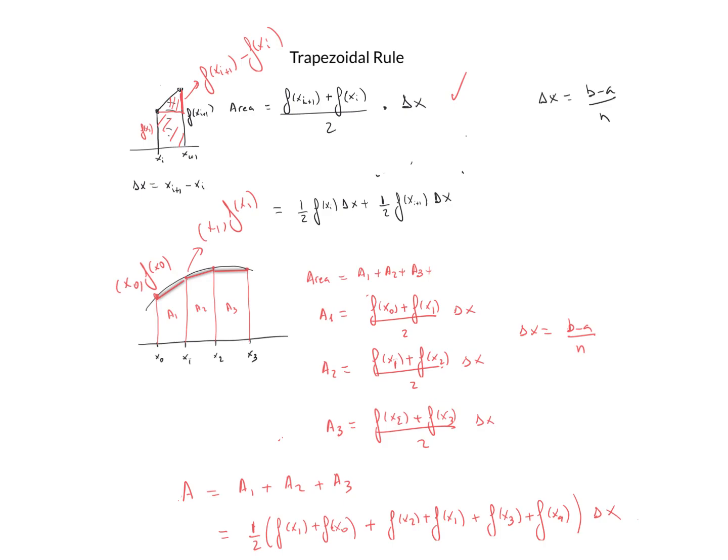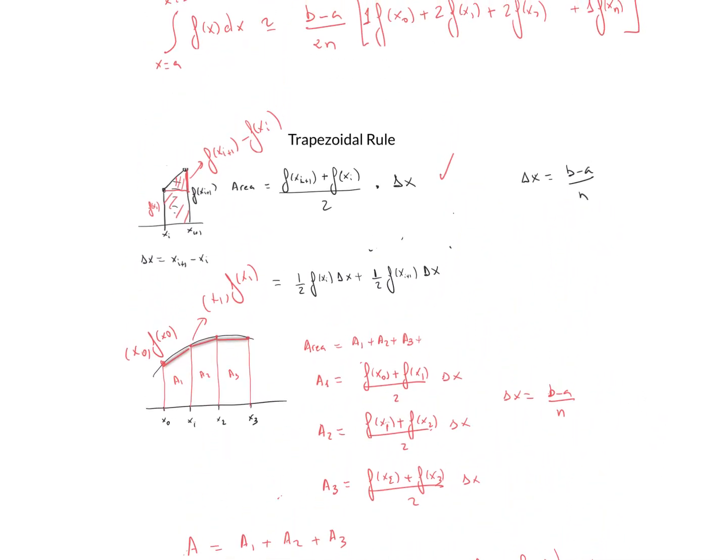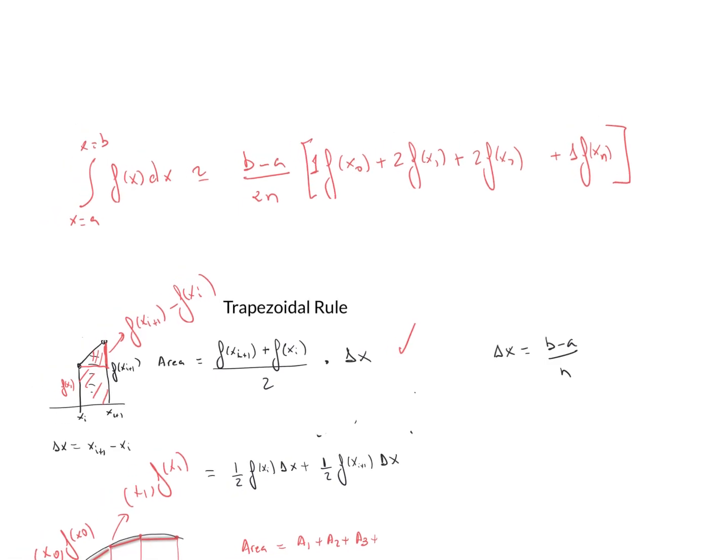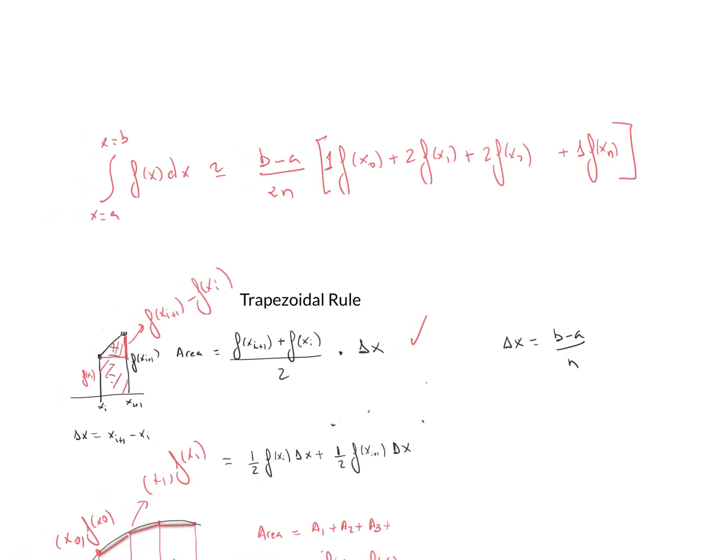Because we subdivide the area under the curve into many pieces, we need to sum every piece. So let's make the sum to show that this equation is valid to find the area.